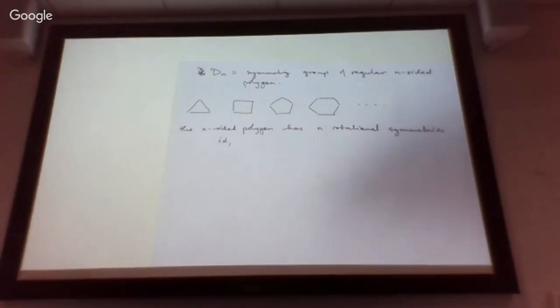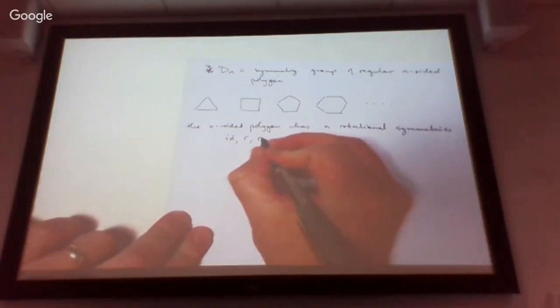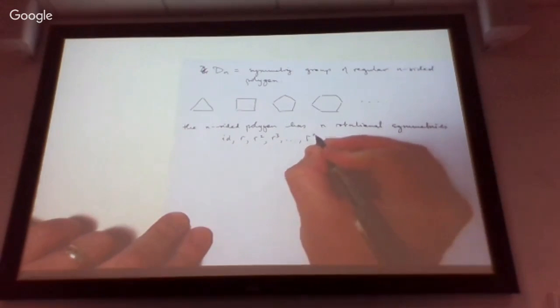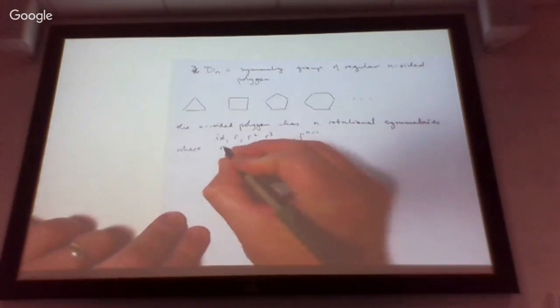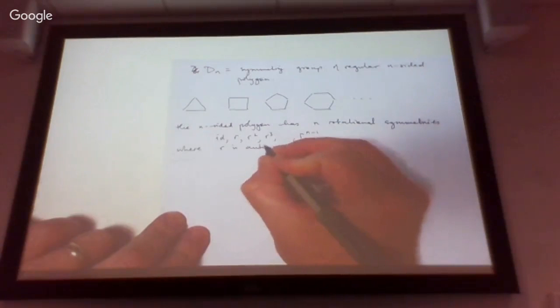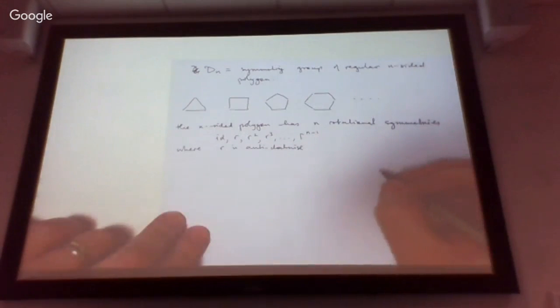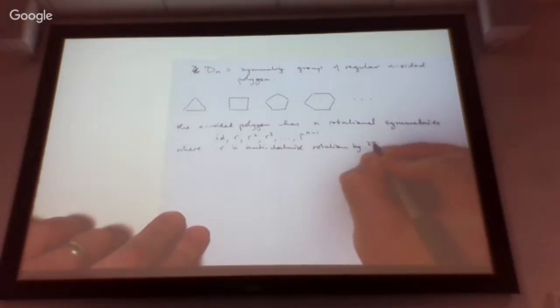It's a rotation by a zero angle. So we have the identity, r the basic rotation, r squared, r cubed, etc., all the way up as far as r to the n minus 1. Here r is, well, we normally have it as anti-clockwise rotation, although he might follow a different convention, anti-clockwise rotation by 2 pi over n radians. Okay, just to be very specific.